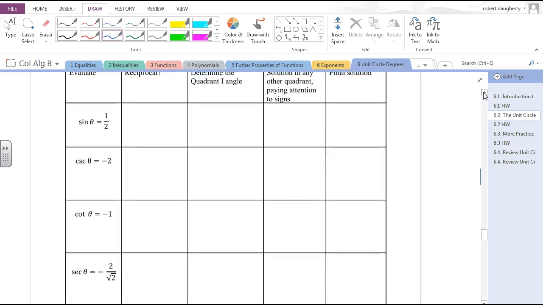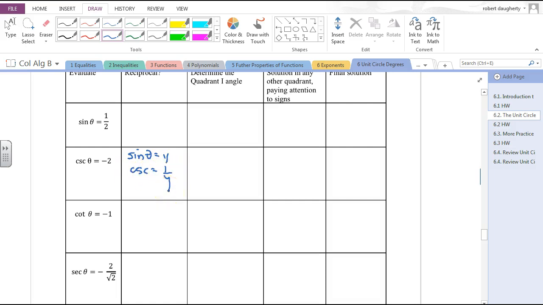So let's do cosecant equal -2, the second one there. What do I do with this? Cosecant goes with sine. Sine is y, and cosecant is 1 over y.